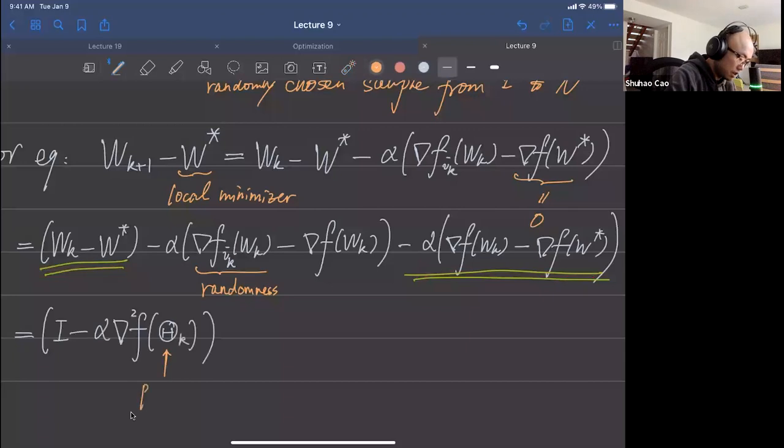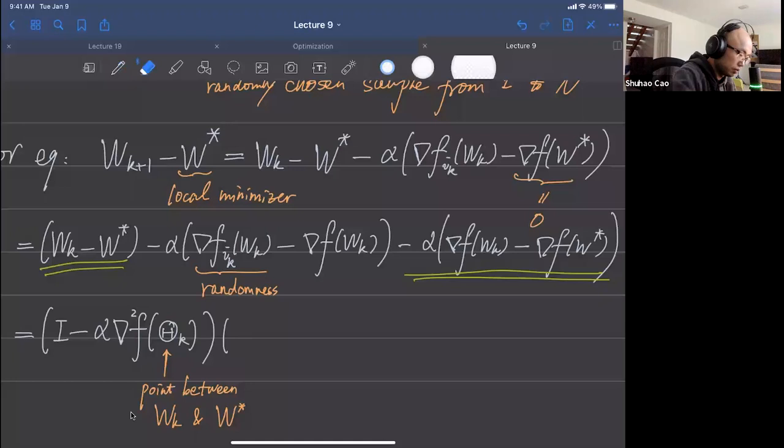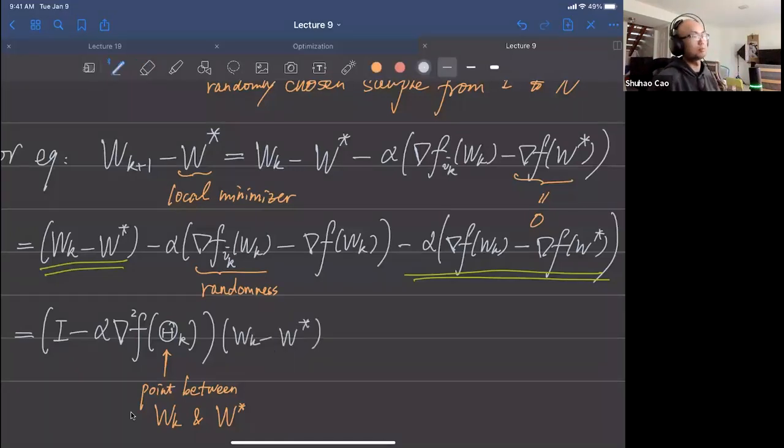This is a point between w_k and w star, using Taylor expansion, multiplied with w_k minus w star. But then we have to minus this.